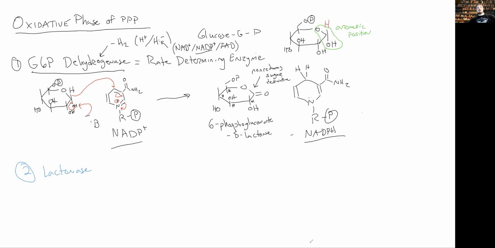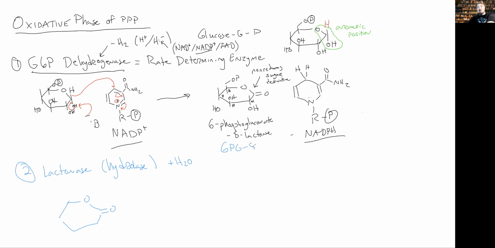All right, so what we're going to see now is the cleavage of the lactone ring using water, because this is a hydrolase enzyme. So we're going to be adding a water to the molecule. And so we're going to take our delta lactone, our G6P delta L, so our 6PG.